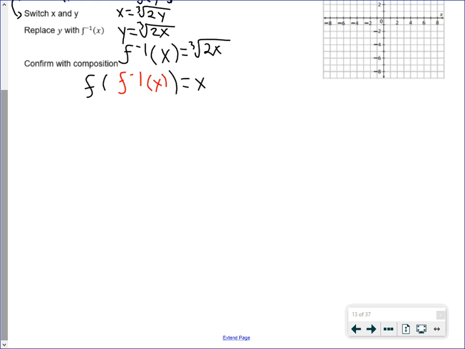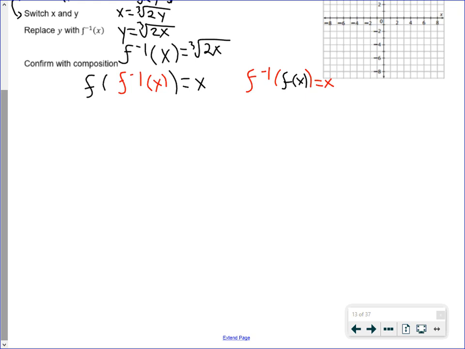That's half of it. And the other half will be f inverse of f of x equals x. So we need to make sure both of these equations hold true, and if they do, then the inverse that we found is indeed the inverse of the function.